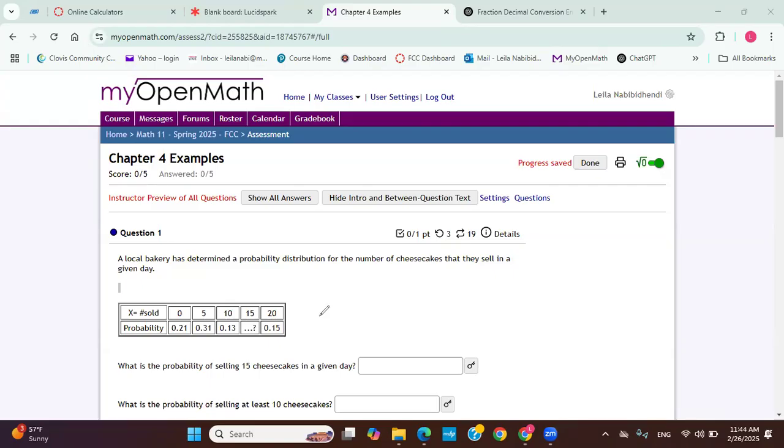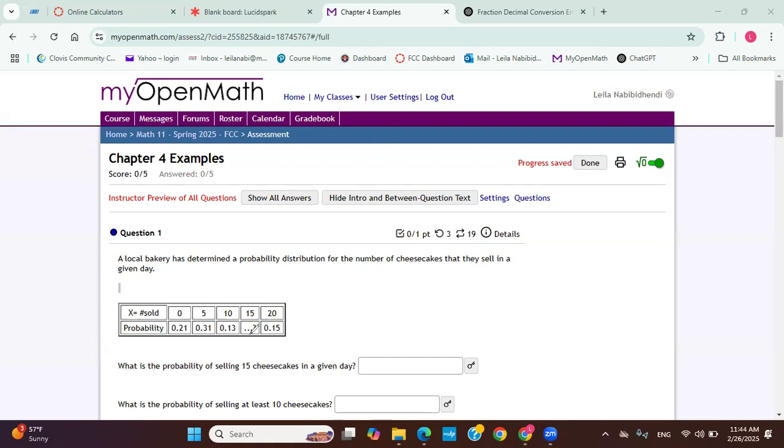The first question says a local bakery has determined the probability distribution for the number of cheesecakes that they sell in a given day. As you see, we have a probability distribution table. X is a random variable, which is the number of cheesecakes that they sold.